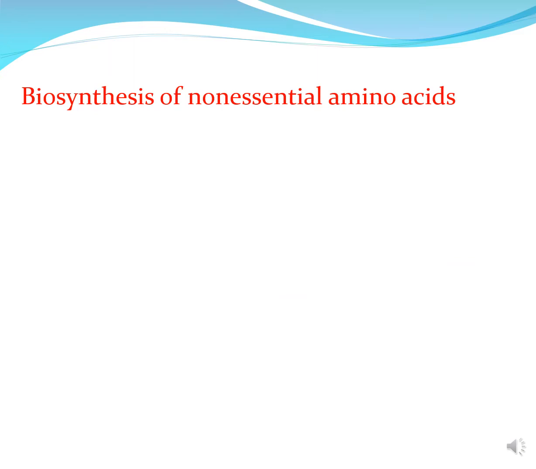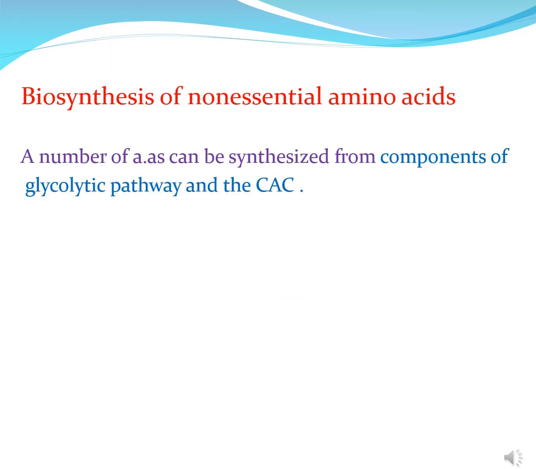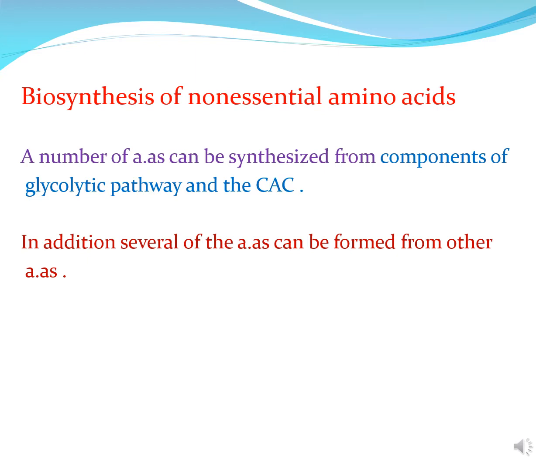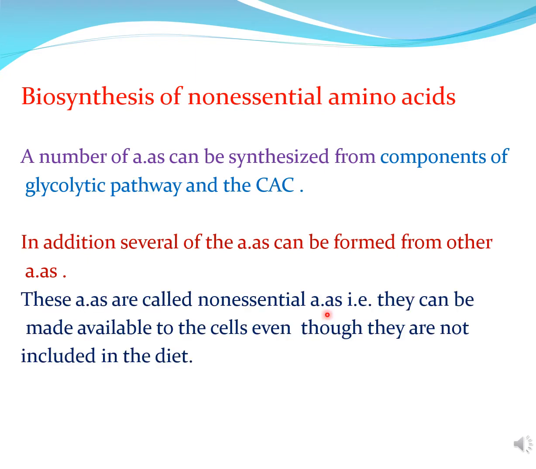First, we start with the biosynthesis of non-essential amino acids. What are these? Some amino acids can be synthesized from precursors in the citric acid cycle and the glycolytic pathway, such as glyceraldehyde 3-phosphate, pyruvate, and in the citric acid cycle, alpha-ketoglutarate and oxaloacetate.